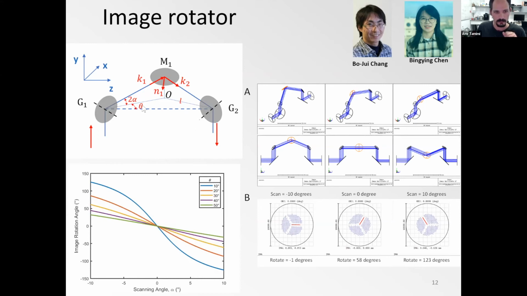But if you reduce this to 10 degree, it squeezes everything together. The overall rotation matrix, the solution for the rotation angle, which I haven't shown here, is a rather ugly matrix. It's just a function of both the scan angle and the geometry angle of the system. I have to think about it too.